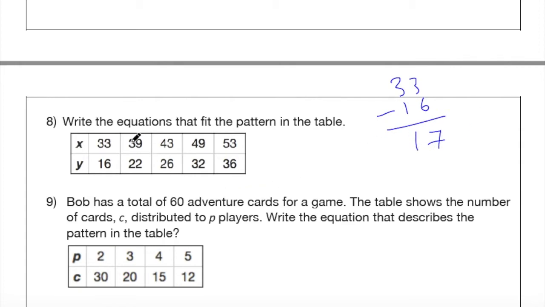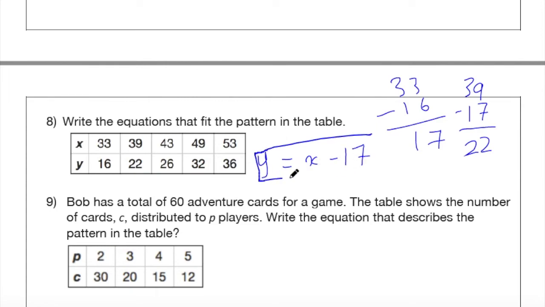Let us make sure that if we subtract 17 from 39 it will give us 22. 39 minus 17 gives us 22. So the rule here is y equals x minus 17. This is the rule.